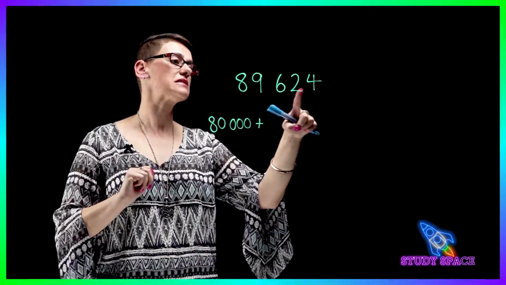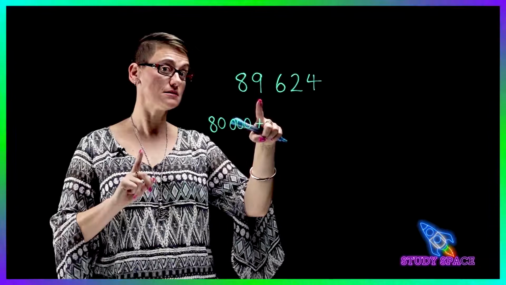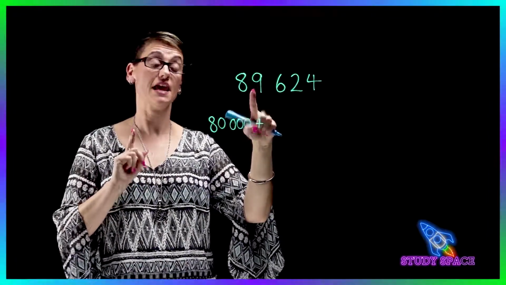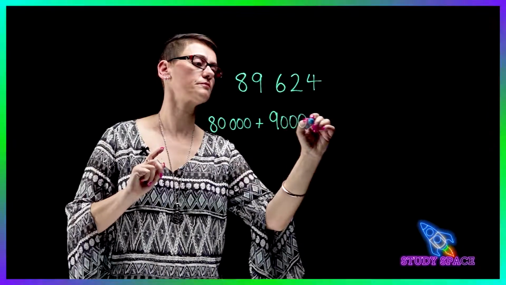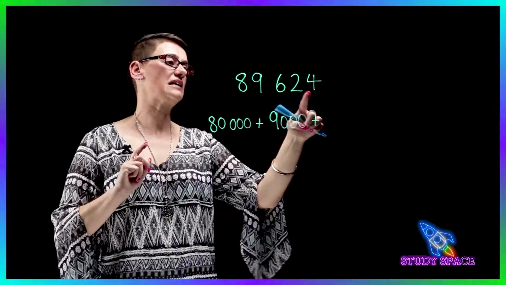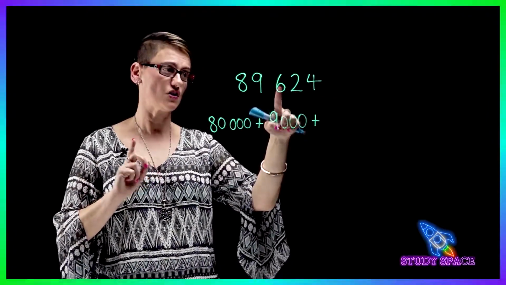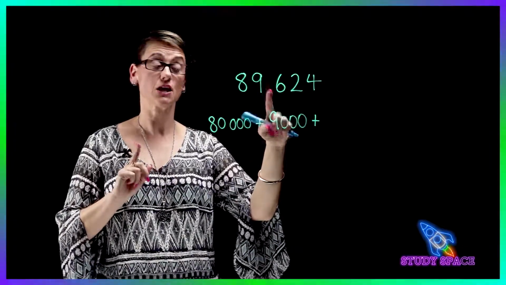Ones, tens, hundreds, thousands. So the 9 is worth 9,000. Ones, tens, hundreds, so the 6 is worth 600.